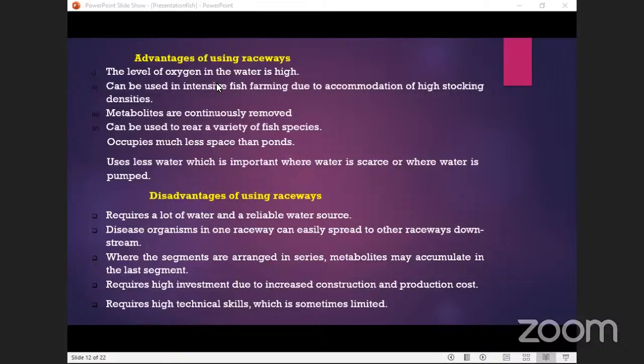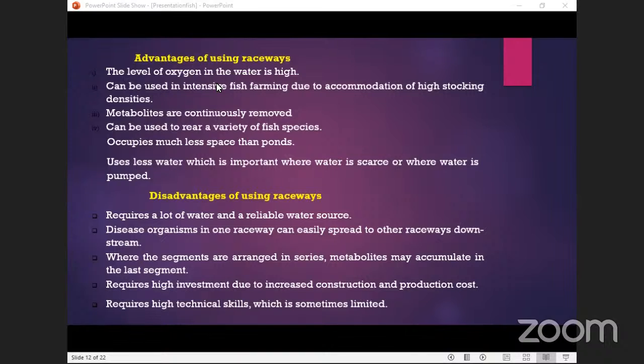And then the other point says, it requires high investment due to increased construction and production cost. You have to be able to provide feeds, because the feeds can easily be washed away from one race or segment to another. So it means that feeds have to be put there.